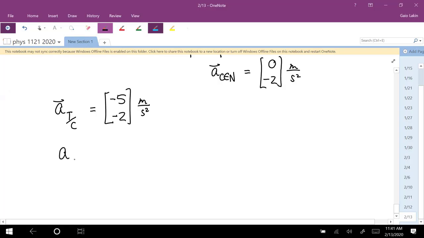So that means that the acceleration of the top relative to the ground is equal to the acceleration of the top relative to the center, what we have here, plus the acceleration of the center relative to the ground. That's -5, 0. And you get -10, -2.